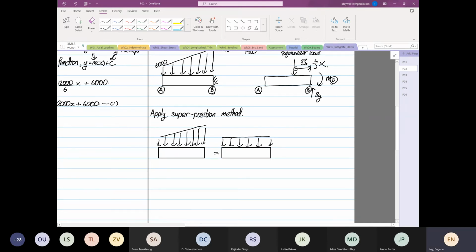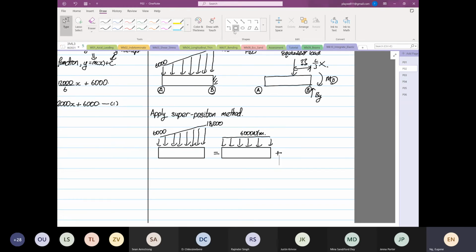But you have to be careful. So this is still 6,000. This is 18,000. So this load over here is 6,000 Newton per meter. And plus, why do we divide it this way? Because like Sean mentioned, for the evenly distributed load, we know where the position of the equivalent load is.